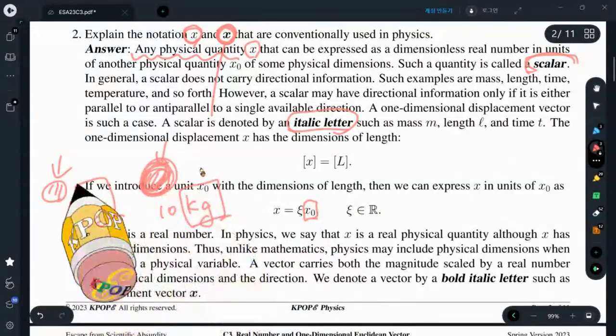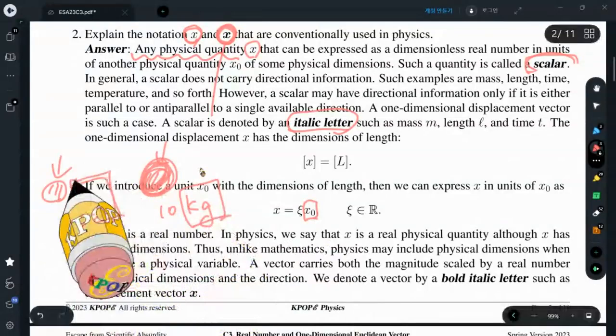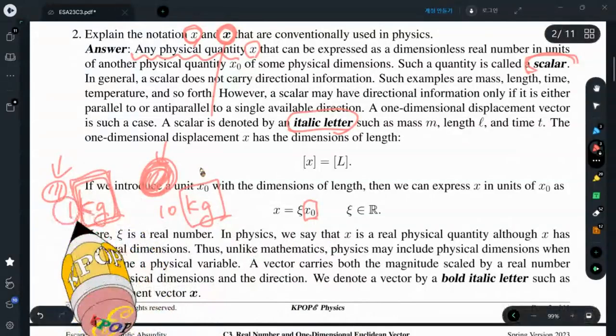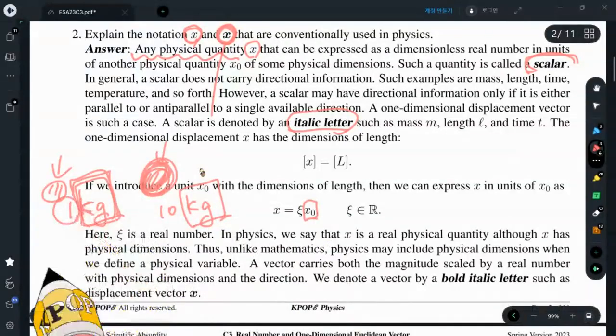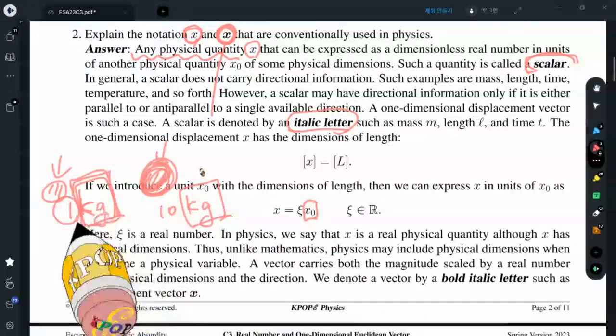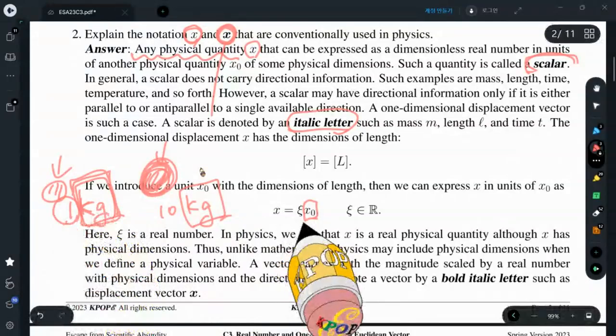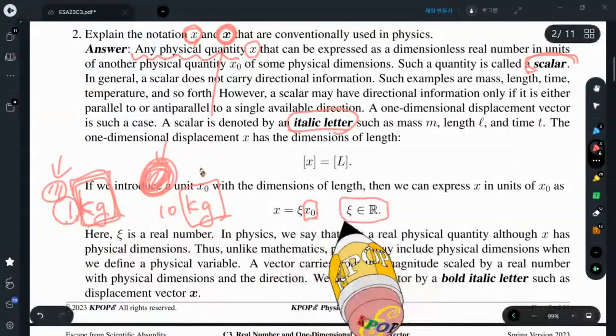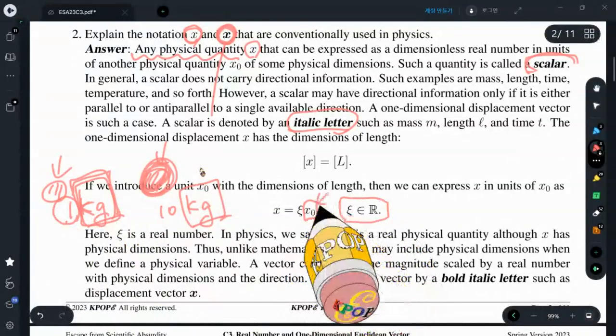If I factor out this physical unit that contains the physical dimensions, then we are left with a pure mathematical number. This is a real number. So here C represents the mathematical real number, and this is called a unit.